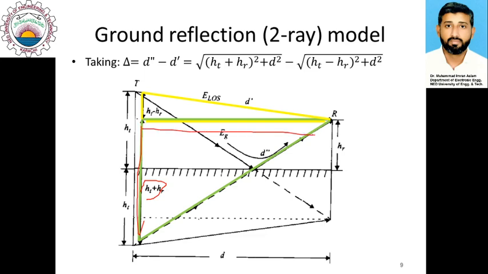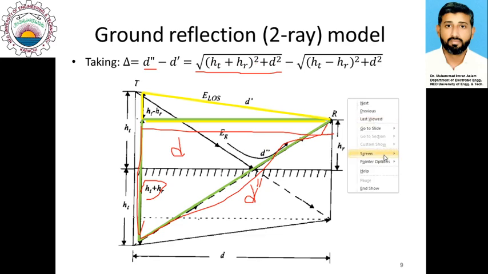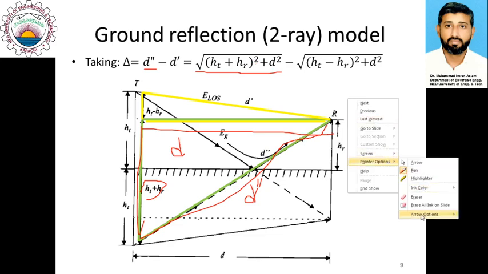This horizontal part is the separation between transmitter and receiver, d, and this green line is actually d double prime. By using Pythagoras theorem you can simply calculate d double prime. This d double prime would be given as the square root of (ht plus hr) squared plus d squared, because the hypotenuse squared is equal to base squared plus perpendicular squared by Pythagoras theorem.